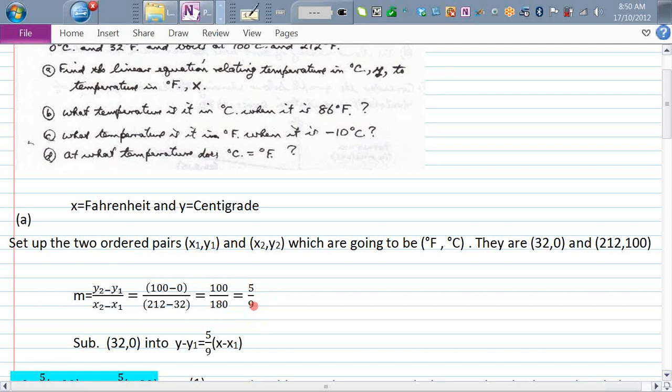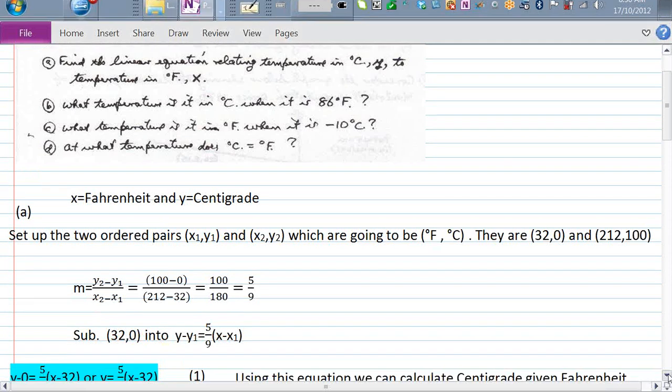And because we know the slope and we know ordered pairs, we could substitute, for example, 32, 0, one of the ordered pairs into the point slope form, because we know m. So y minus y1 equals 5/9 times x minus x1. And we could substitute 32 for the x1 and 0 for the y1.